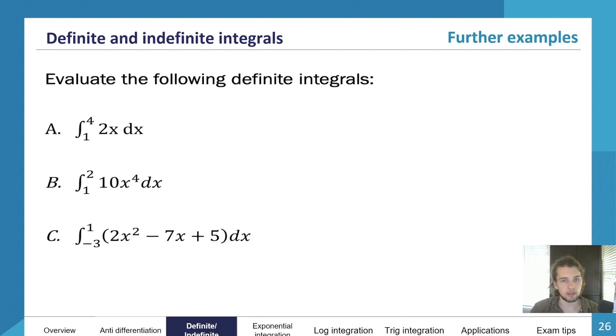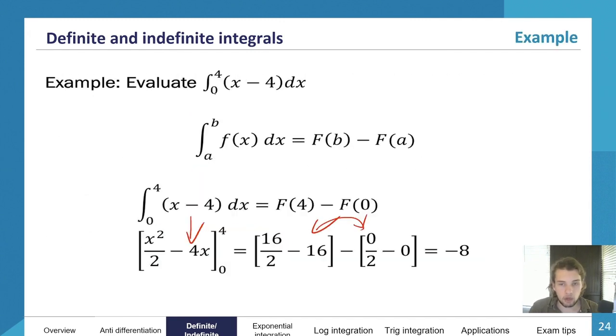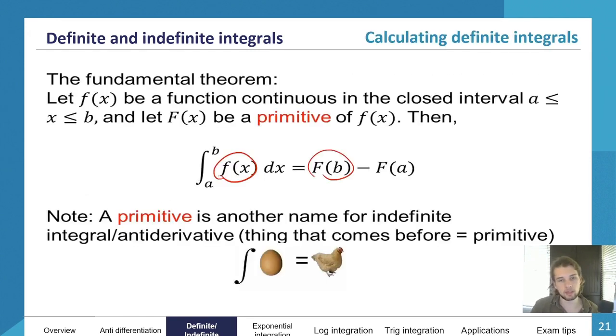So evaluate the following definite integrals. So we have our range here. We have from 1 to 4, 2x. I might want to go back and represent something here now that I think about it. I think I've already been over this, but we should take a little look at what this actually looks like. What we're finding is the area beneath the curve.